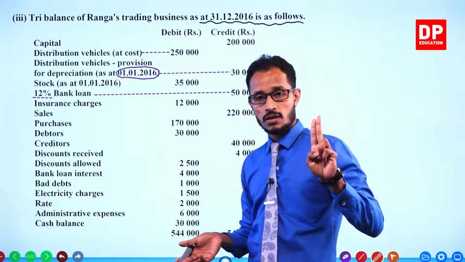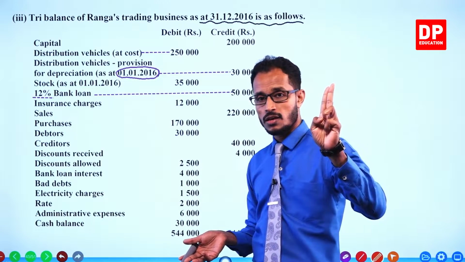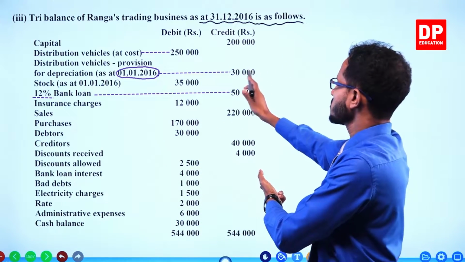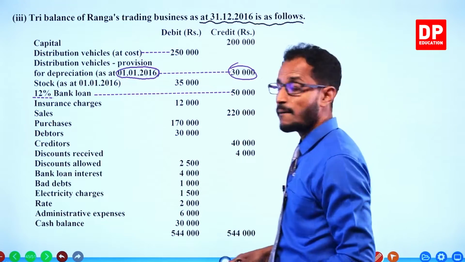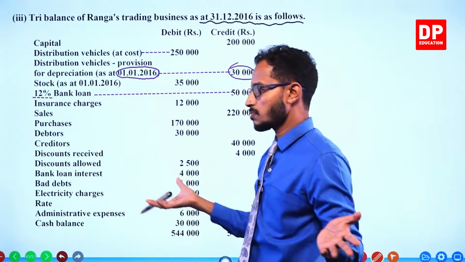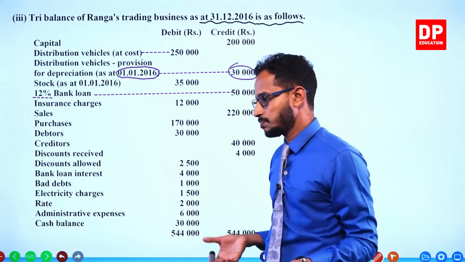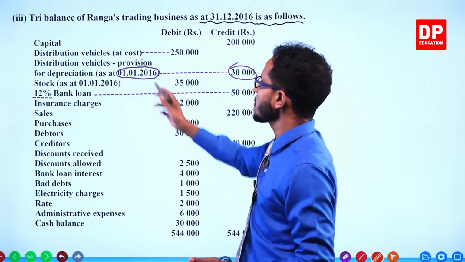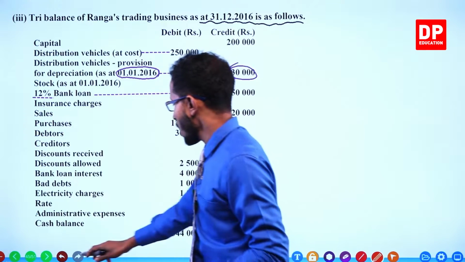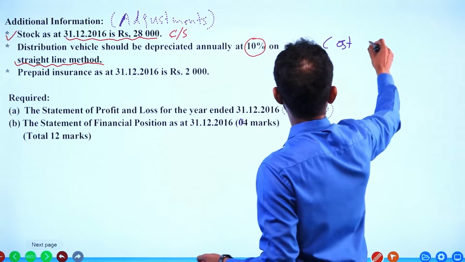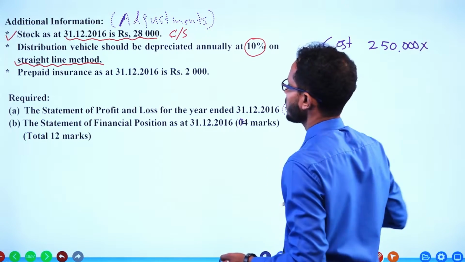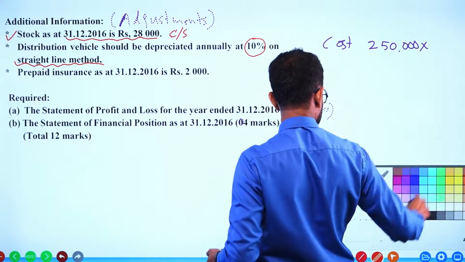Just keep in mind that 30,000 is there. Cost means the purchase price, the original cost of the distribution vehicle, 250,000. It should be depreciated 10%.